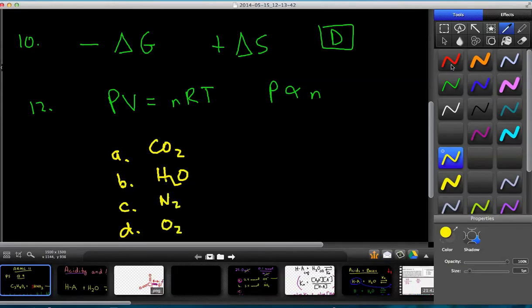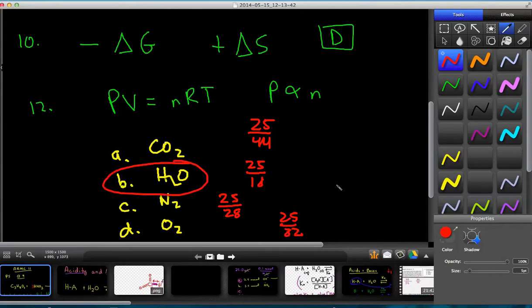And so whichever one gives us the most moles is going to be the one that has the smallest molar mass. So this will be 25 over 44, 25 over 18, 25 over 28, and 25 over 32. Water's the best. More moles, greater the pressure.